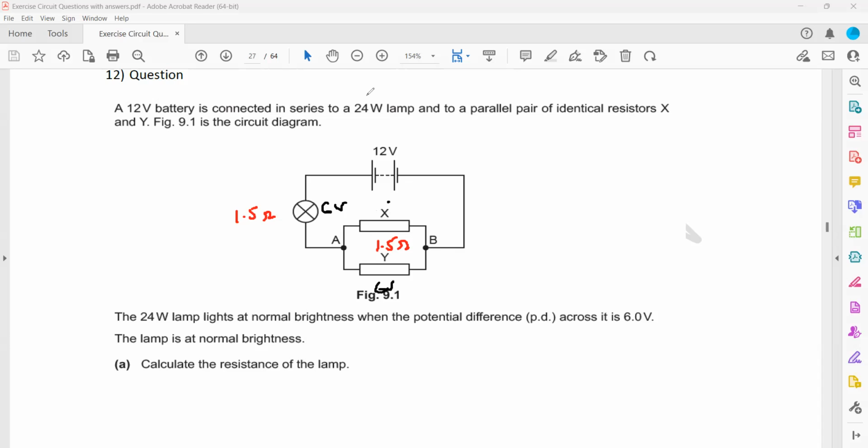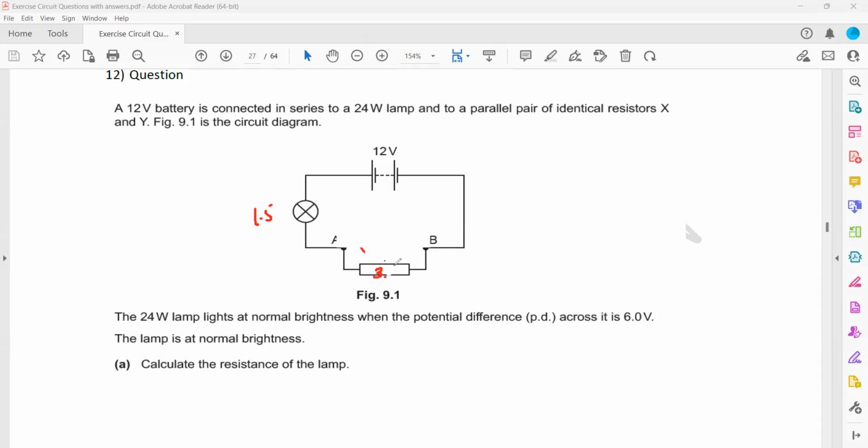But now, if we remove the resistor X, this total combined was 1.5, but individual was 3. So if we remove resistor X from the part of the circuit, now Y is a 3 ohm resistor.